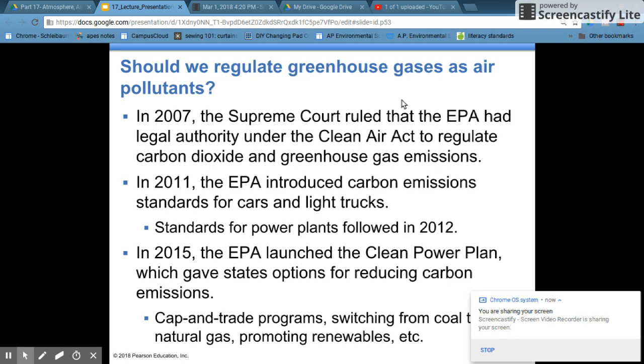When I say trade, you could sell or buy polluting rights from other companies. So if you've decided that you're really going to clean up emissions in your company or factory, and you have leftover polluting rights, then you can sell those and make money off of that. Cap and trade is used a lot in different environmental plans, so make sure you understand what that means.